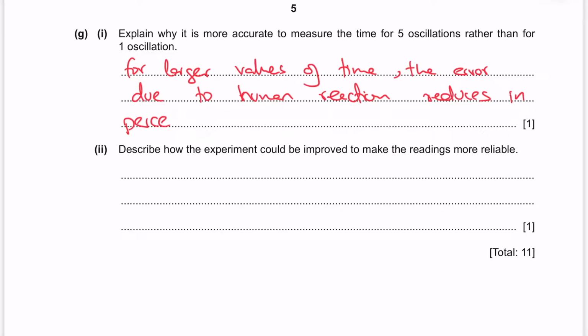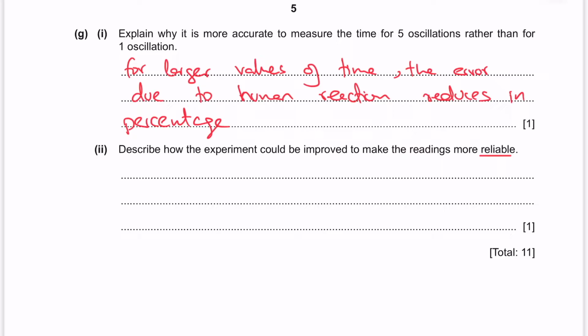So if we are measuring maybe 1.5 seconds, and I have a reaction time of 0.2 seconds, you do the math, that is a certain percentage. But if I have 10.5 seconds having the same reaction time, the percentage error will reduce. So this is what you have to write in these examples. So the error due to human reaction reduces in percentage, or in simple terms you can write the percentage error reduces.